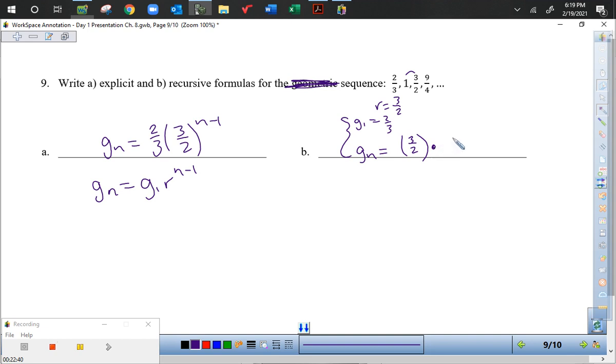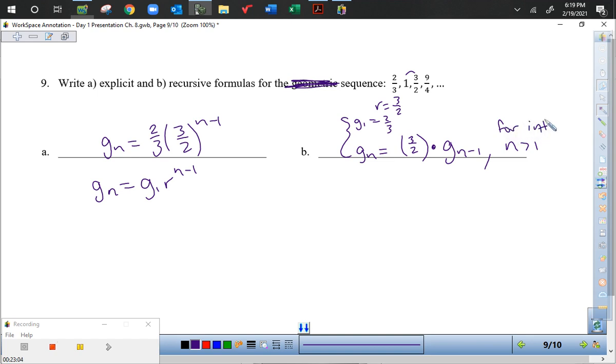Okay, you can put it there as well with the times if you like it, but it's the previous term, n minus 1. Please do make sure that all of your subscript notations are lower and smaller than your original. And then where n is greater than 1, and an integer.